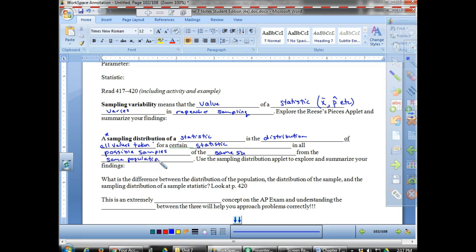And like I said, this is extremely important. Okay, we're going to use the sampling distribution applet to look at that and explore that a little bit more.